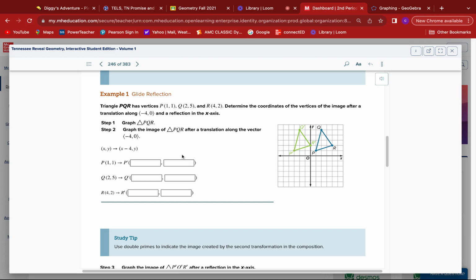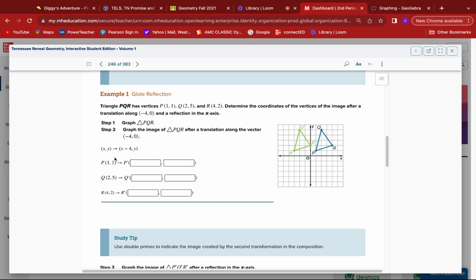And if you are someone who is a plug and chug, your cheat code is x minus 4, because again, we're moving left 4, and y. You can put y plus 0 if that helps you, but there's no change in your y because we're not shifting it up or down anything.